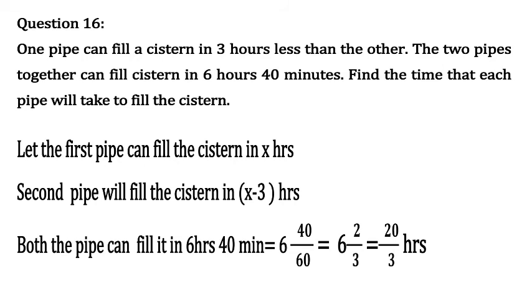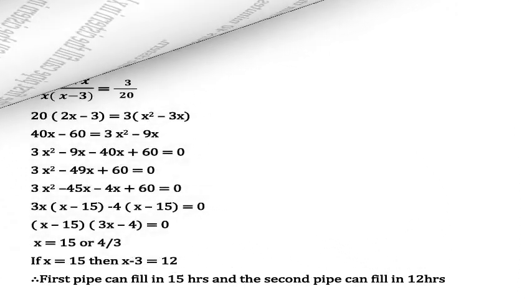So if both the pipes start filling the tank, what portion of the tank is filled in 1 hour, that is 3 by 20. So all the values we take its reciprocal, where we are converting from time to the work. x is time, x minus 3 hours is time, and 20 by 3 is time. Now I am converting all the 3 to the work. Move to the next slide.